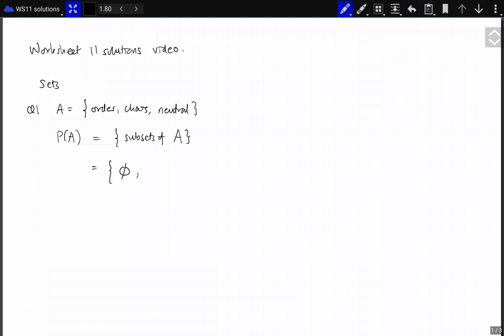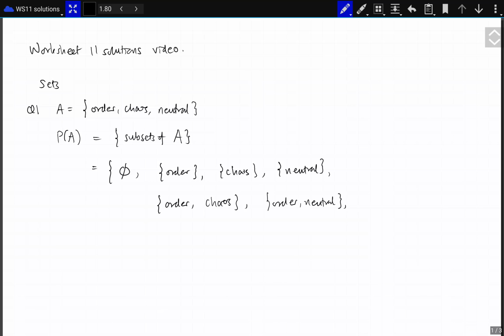For instance, the sets of one element, so this order, this chaos, and there's neutral. But then there are the sets of two elements, so order, chaos, order and neutral, and chaos and neutral.